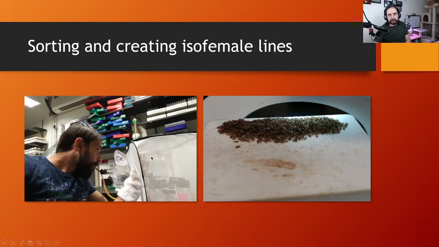I collect them from the cage with the aspirator and put them onto the CO2 pad, where they fall asleep, and I sort their species. There are several reasons we do this. The first reason is that I need isofemale lines.